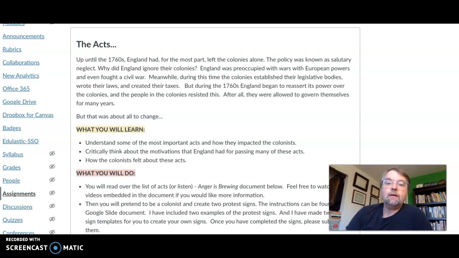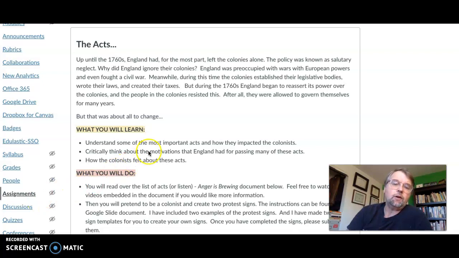Meanwhile, the colonies established their legislative bodies, wrote their own laws, and created their own taxes. But during the 1760s, England began to assert its power over the colonies, and the people in the colonies resisted this. After all, they were allowed to govern themselves for so many years. But that was about to change, and that's what this lesson gets into.